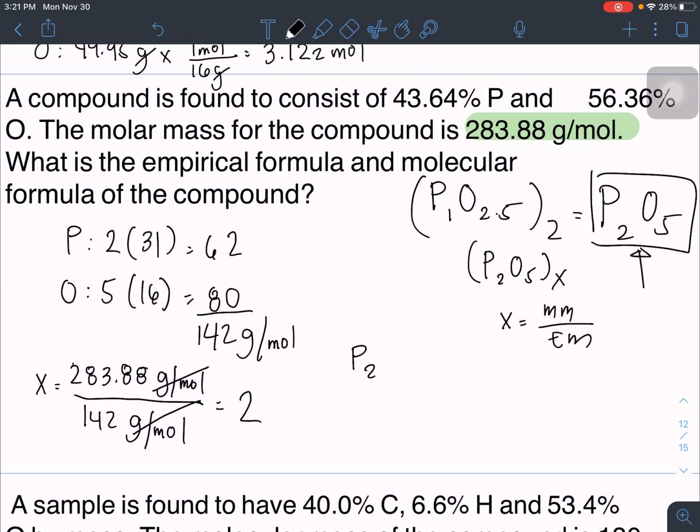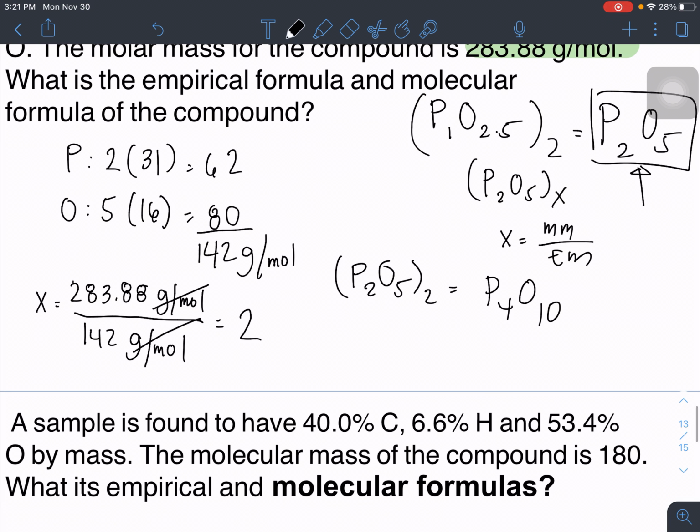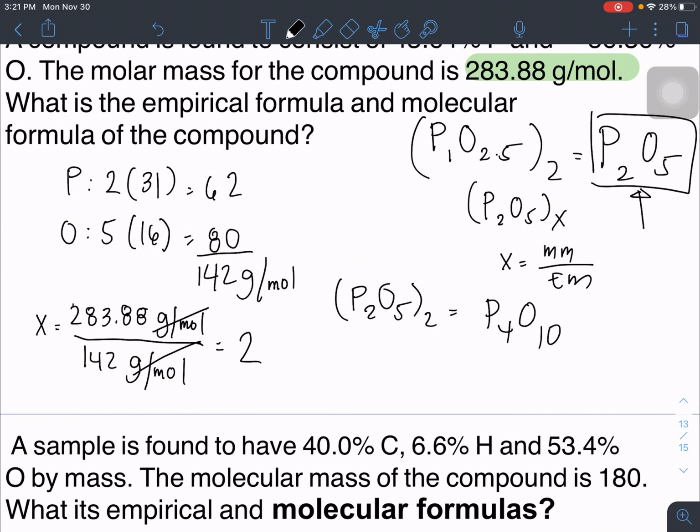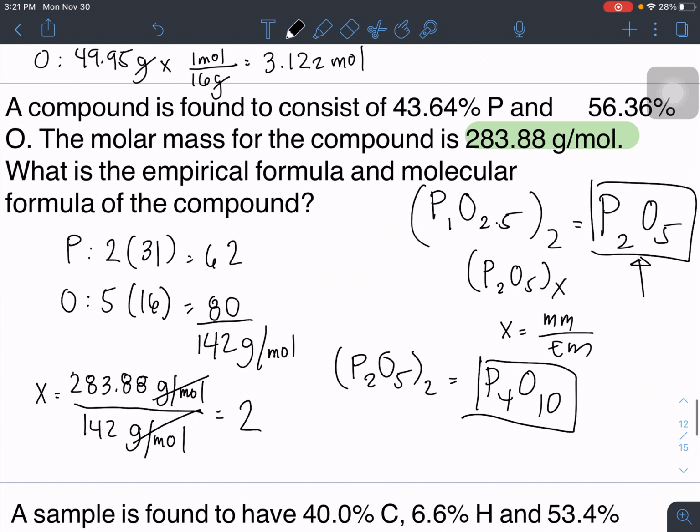So, P2O5 multiplied by 2 will be P4O10. Hence, our molecular formula is P4O10. The empirical formula is P2O5. Okay?